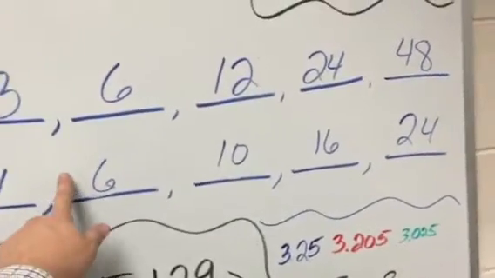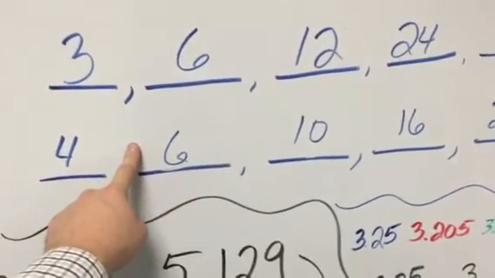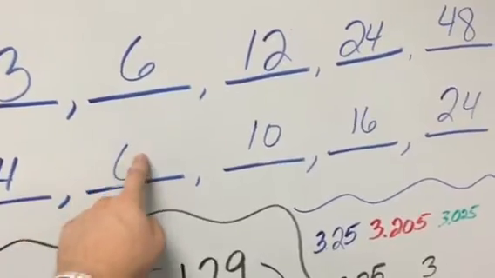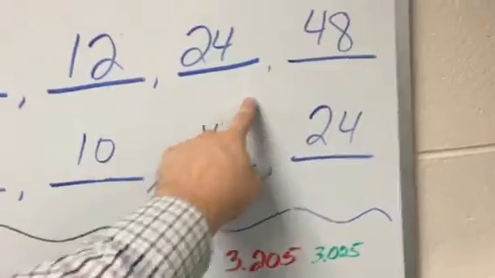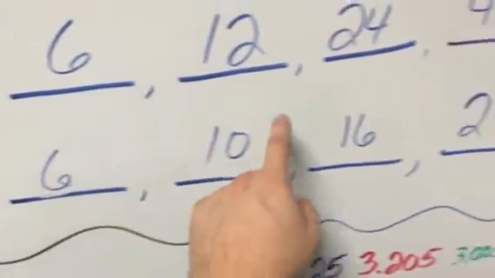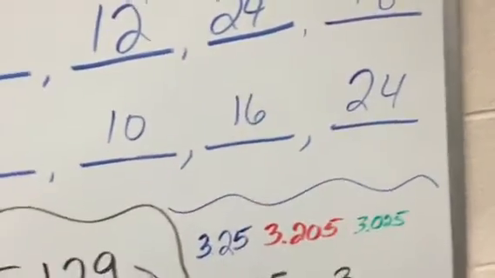But look at this. Right here, if we add 2, we get 6. If we add 4, we get 10. Add 6, add 8. So the pattern would be plus 2, plus 4, plus 6, plus 8.